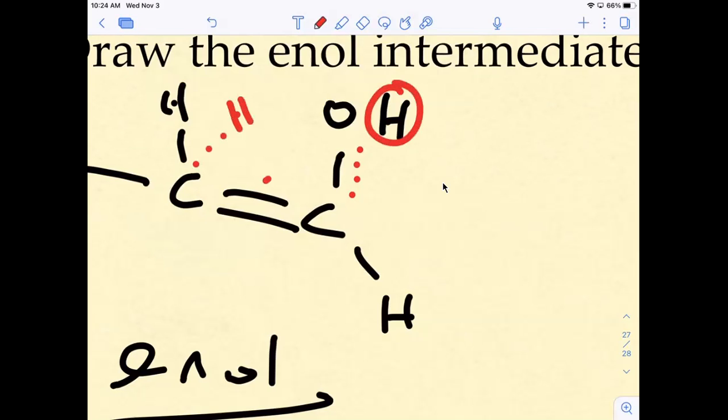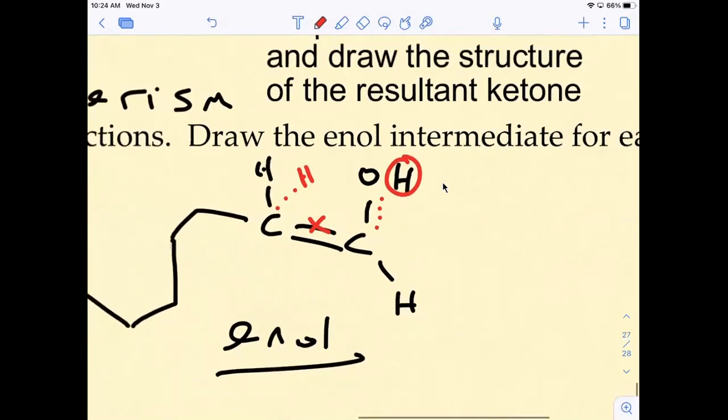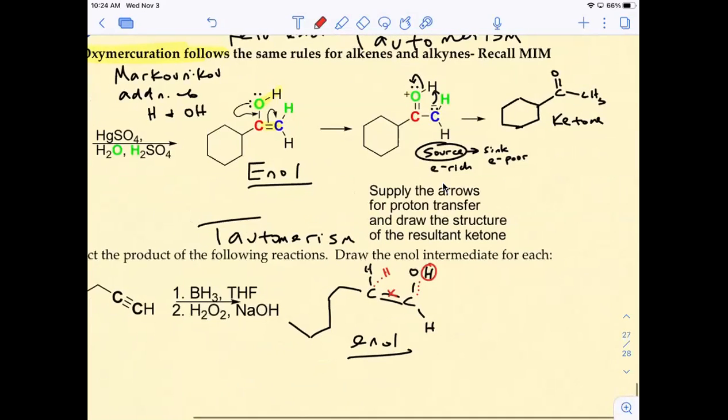And then this double bond is no longer going to exist. That's what the rearrangement is going to do. It's going to take out the double bond between the carbons, add a hydrogen to the most substituted carbon in this case, and put a pi bond between the carbon and the oxygen where the alcohol is.